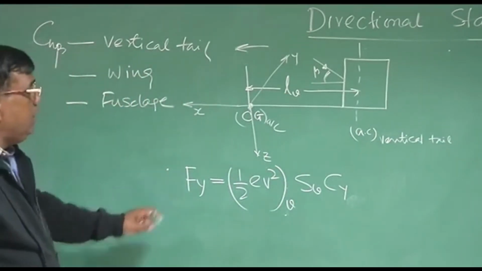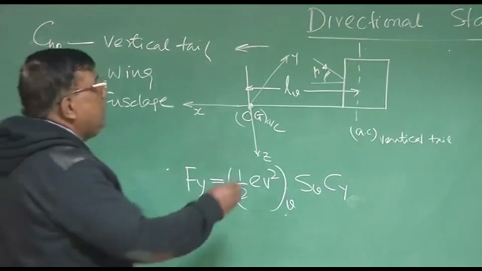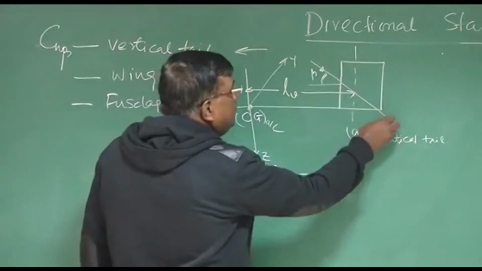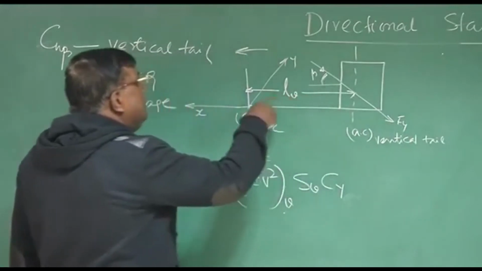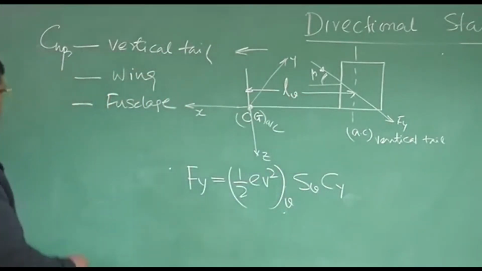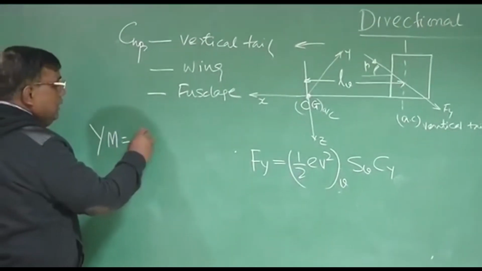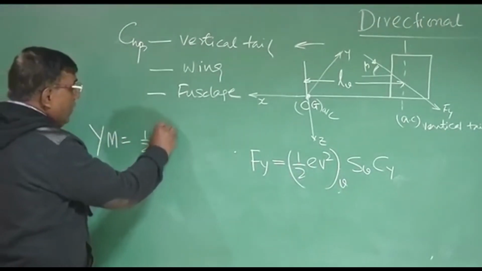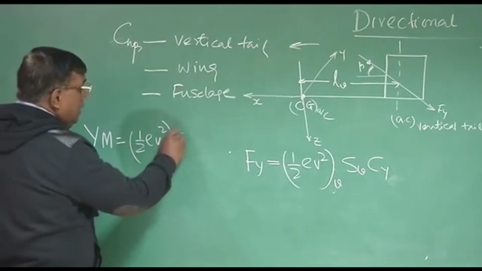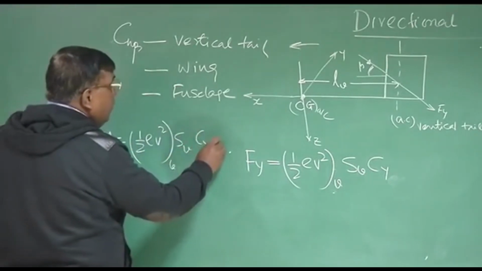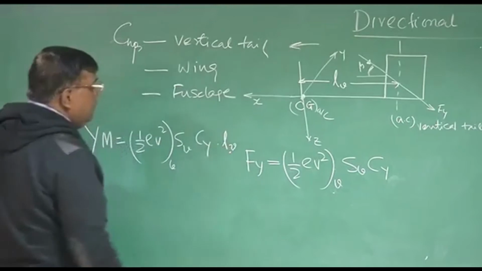Now, what happens? This force will give a force in this direction. I have just demonstrated, this will give a positive yawing moment. So the yawing moment will be given as this Fy, that is half rho V squared, S_V, Cy_V, times Lv.